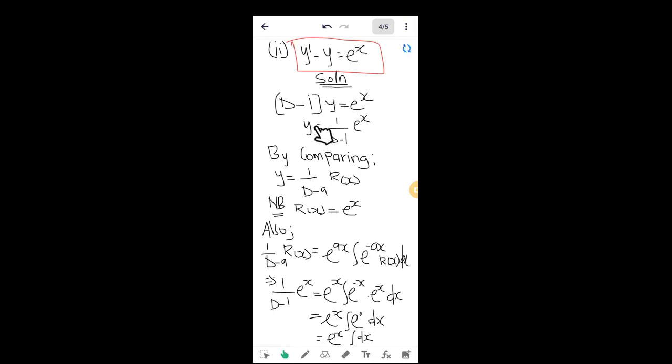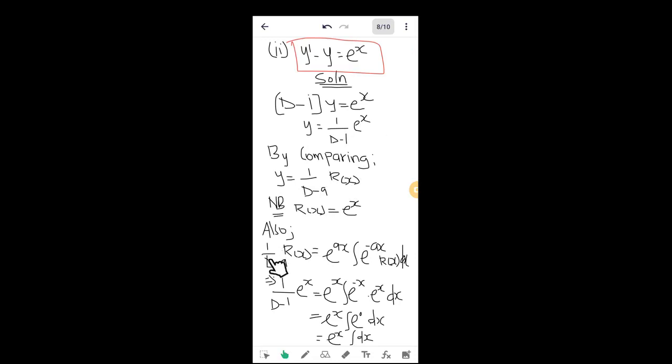So I try to make my y the subject, and I'm going to get 1 over D minus 1 operating on e exponent x. So I just compare this with the general form. By comparing, I can see that my r of x is equal to e exponent x.